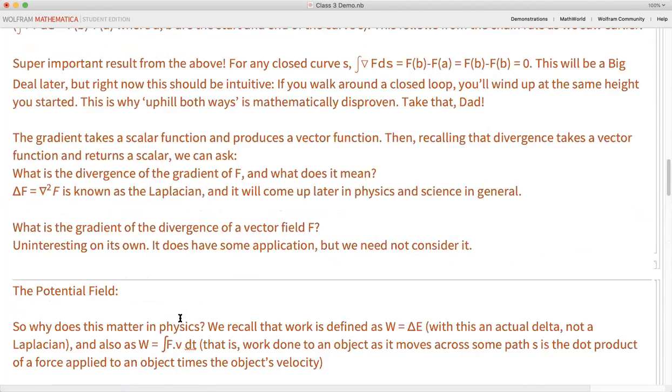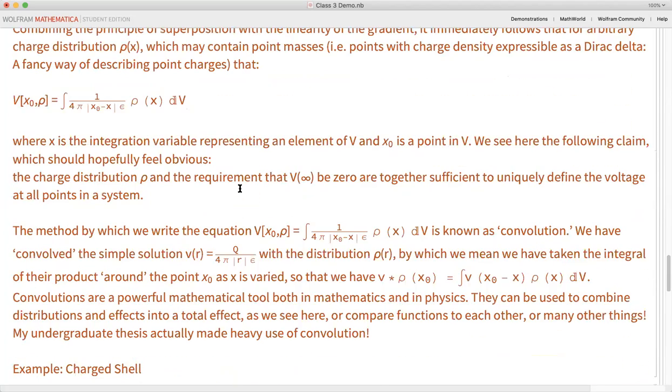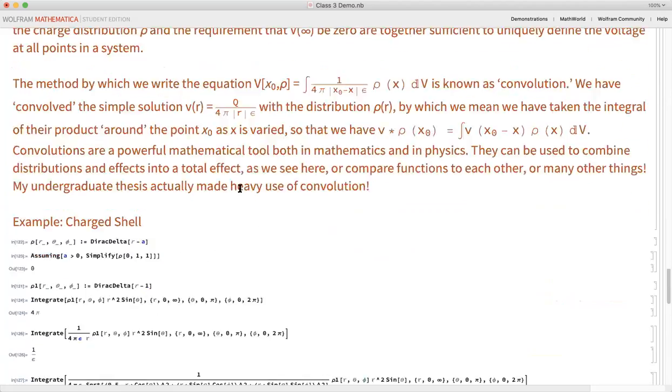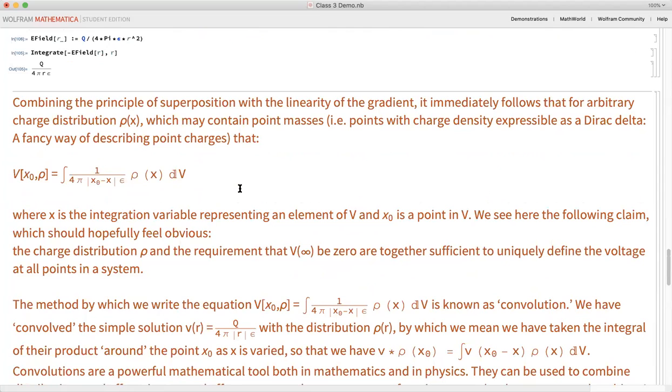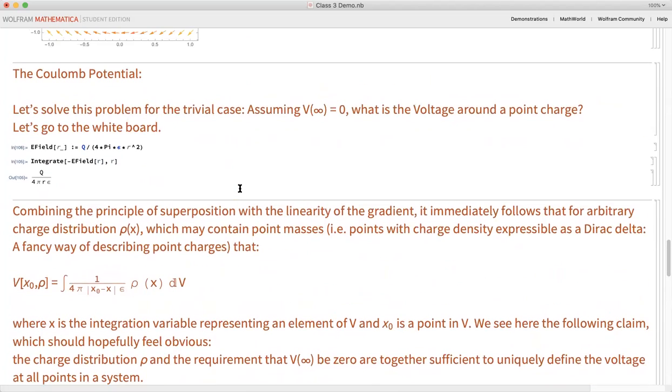Now, we remember that our linearity constraint says that the sum of 2 gradients is the gradient of the sum. So if the sum of 2 electric fields is a new total electric field, then the sum of their antigradients, so the sum of their voltage fields, should be the voltage field of their combined charge.